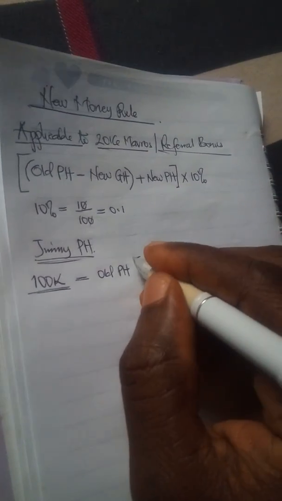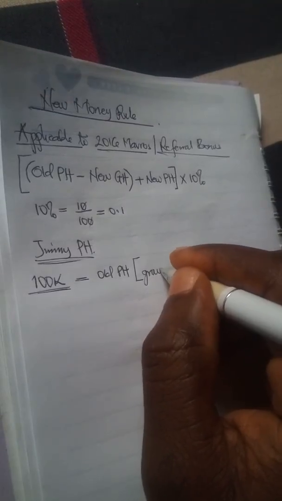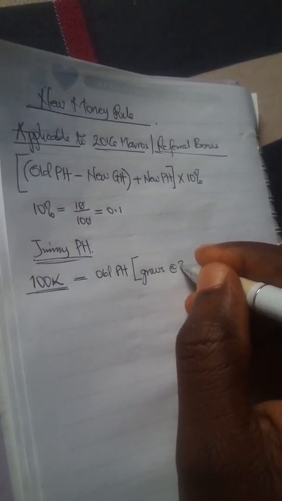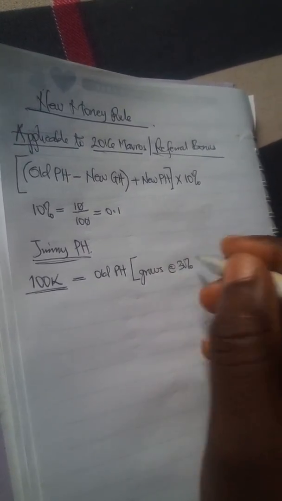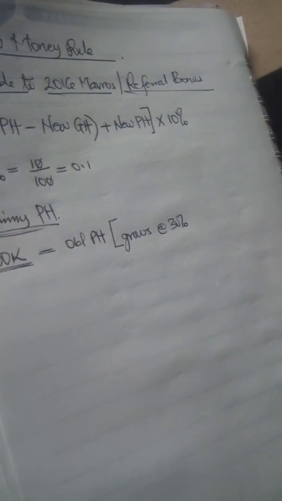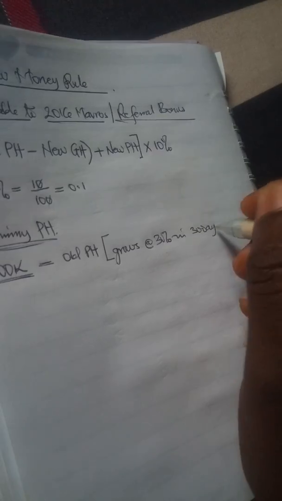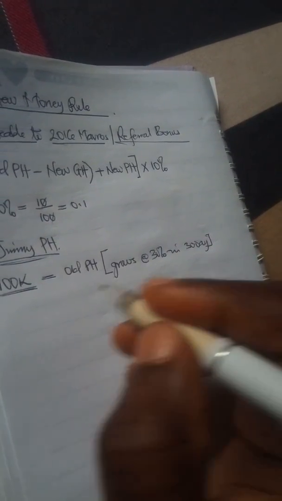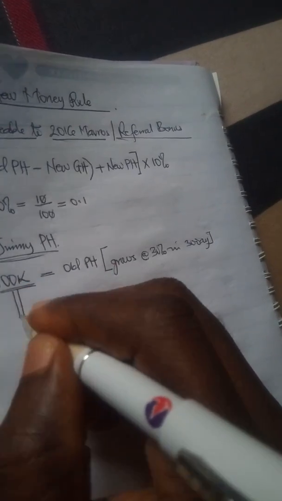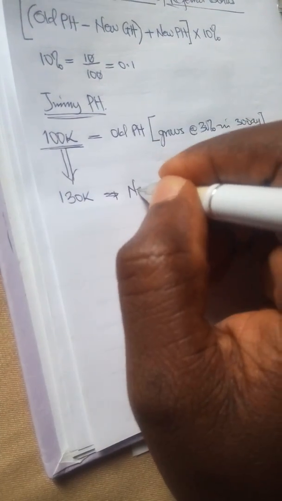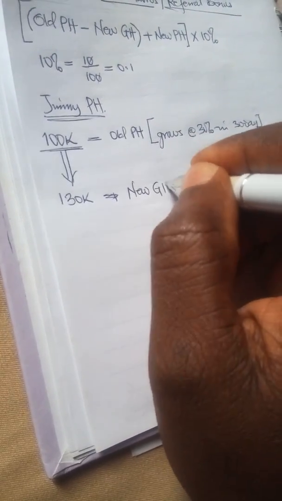Now this 100K grows at 30% in 30 days. That means this will grow into 130K, and that makes my new GH.